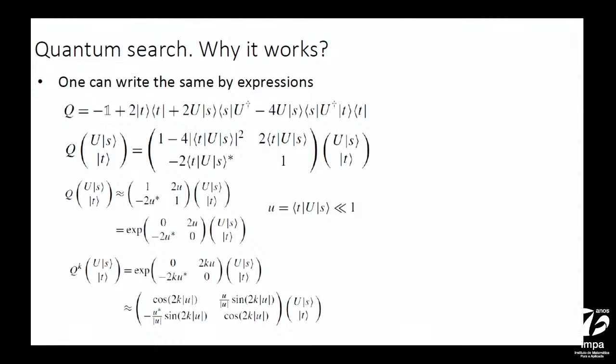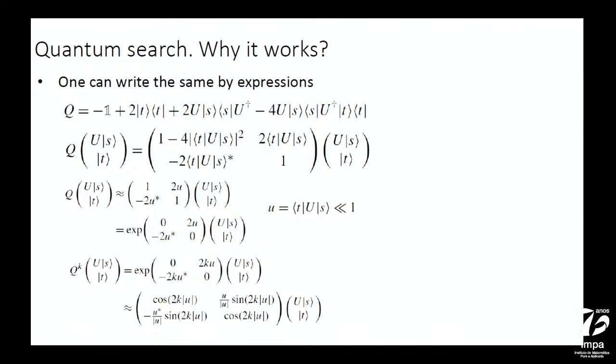So you can write everything inside this hyperplane, and you can explicitly write all the operators as 2x2 matrices inside this hyperplane. Whatever you do with 2x2 operators, you are able to do this.